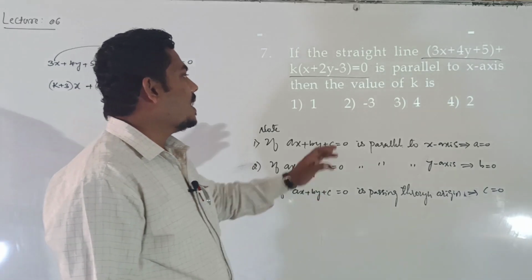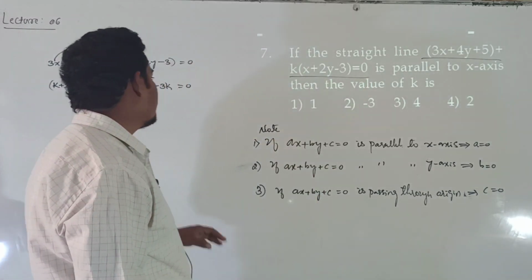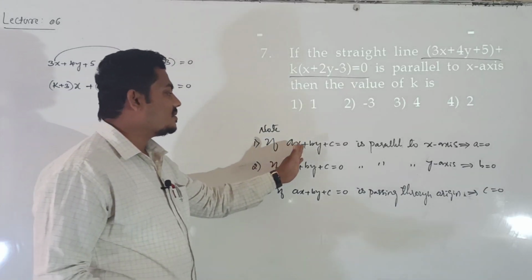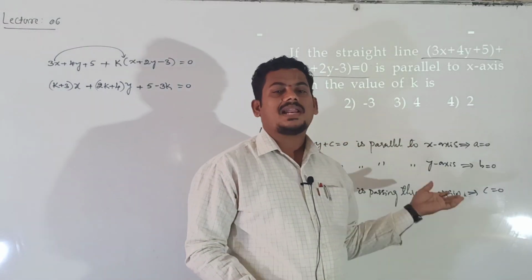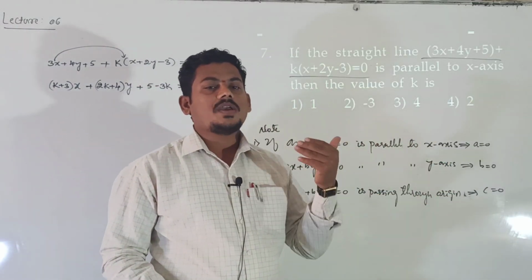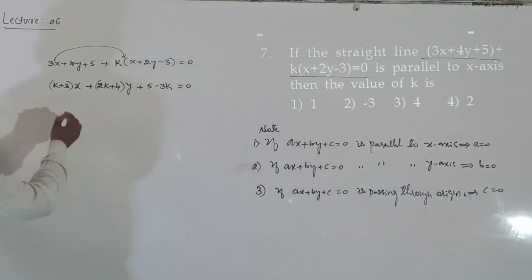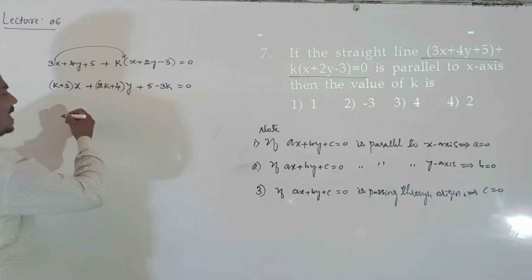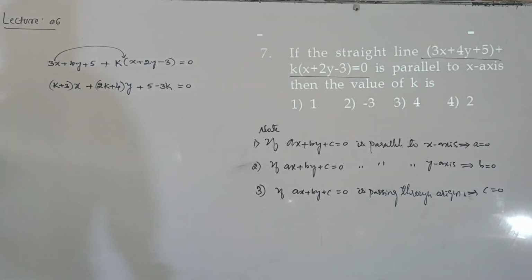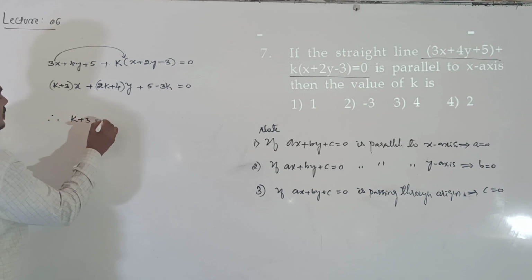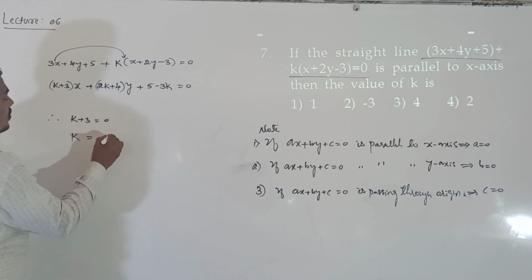What have they given? This line is parallel to the x-axis. If ax plus by plus c equal to 0 is parallel to the x-axis, then its coefficient of x is 0. Therefore, k plus 3 value equal to 0, hence k equal to minus 3.